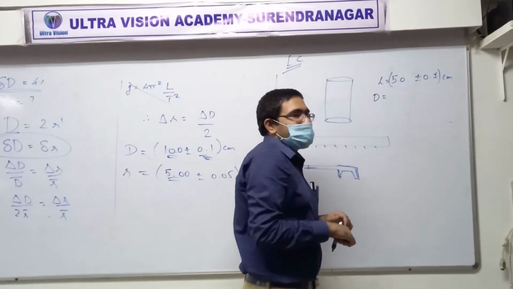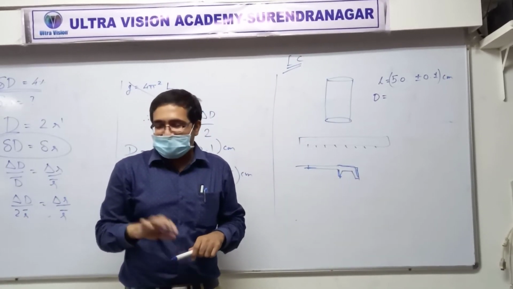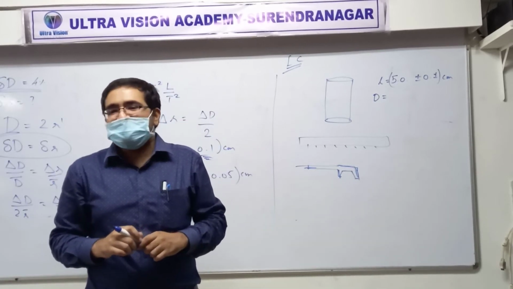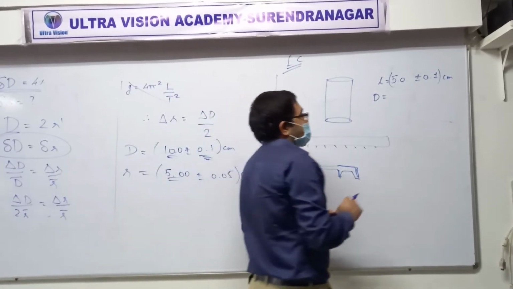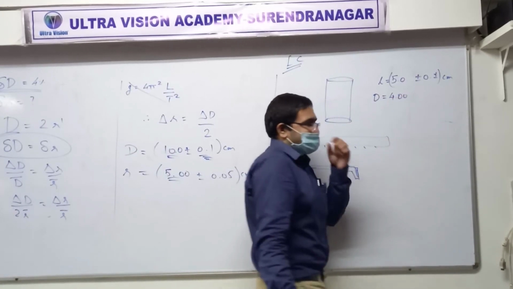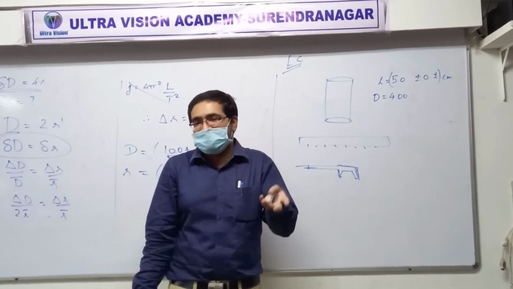Diameter is measured. Yes or no? Radius is given. How much is radius? 2.00 centimeters. So diameter will be how much? 4.00 centimeters. Sure, diameter will be 4.00 centimeters, double.